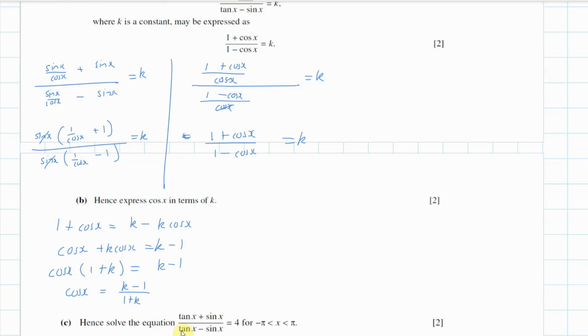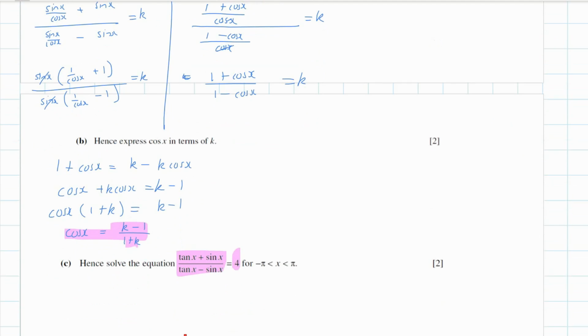So what we can do now, they're wanting us to solve this here, and when it equals 4. But we have expressed that as this, okay? We did that in the first question. And now we know that k is 4, right? Because we've been told it here. And therefore we can say what cosine equals in terms of k. So it's actually very simple.